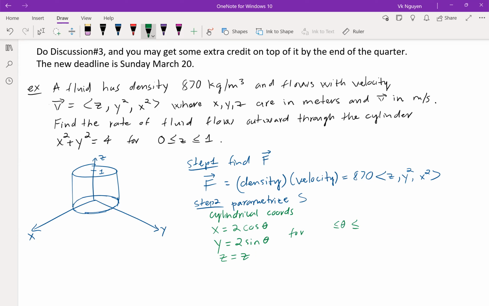And where does z go from? And this would be your region D.